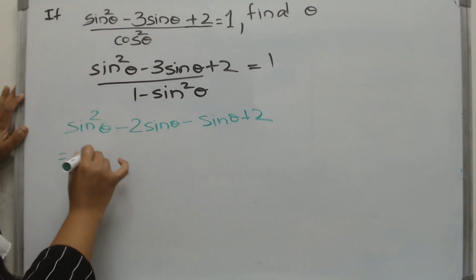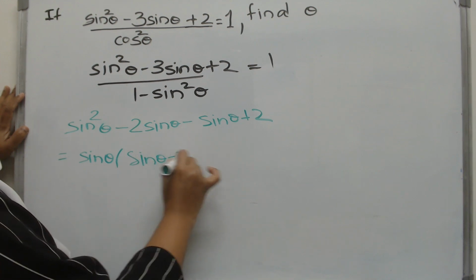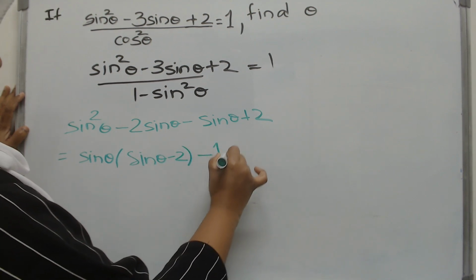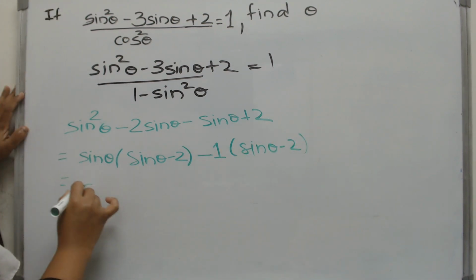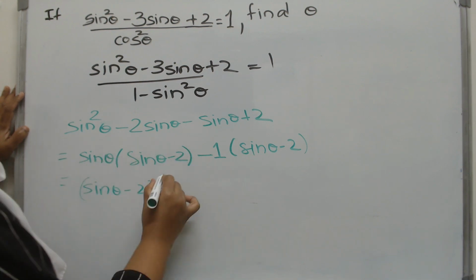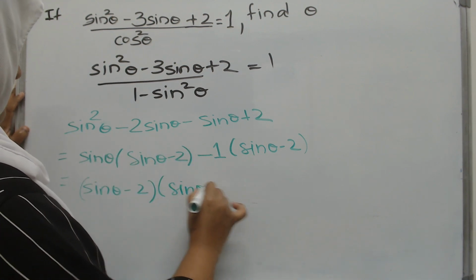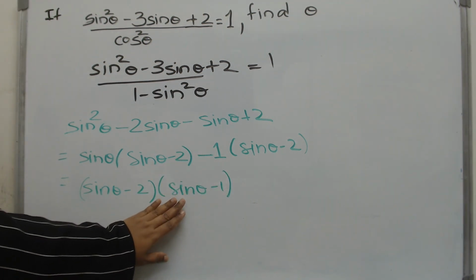So then what? You have a sine theta common, take it out. Then you have a sine theta minus 2 minus 1 by sine theta minus 2, which means the whole thing becomes sine theta minus 2. Take that out, then you have a sine theta minus 1 here. So this is how your numerator looks.